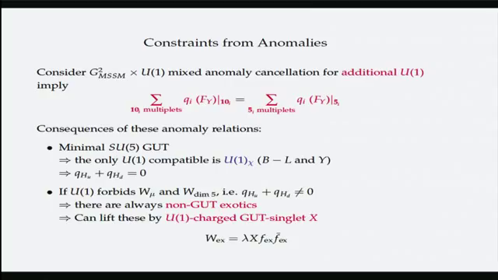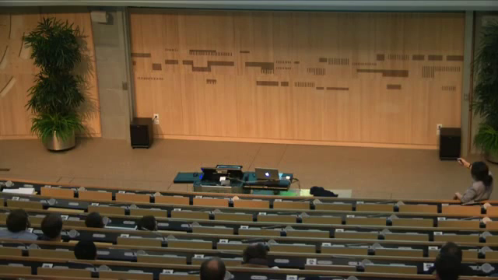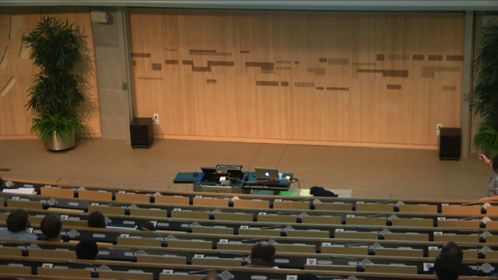It says: for all the 10 matter that you have, sum over the charge of the 10 representation under U1 times the restriction of the hypercharge onto that 10 matter. That always has to equal the same sum over the 5-bar representations: the charge of the U1 times the restriction of the hypercharge onto the 5-bar matter. That's a pretty simple relation.